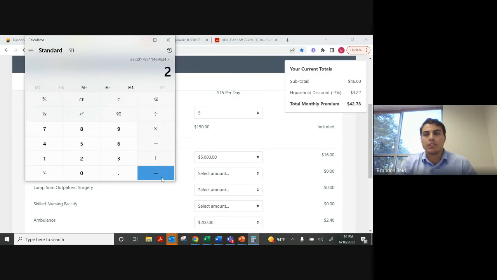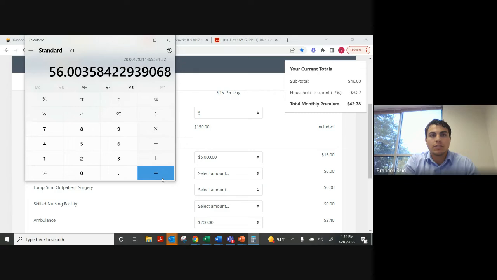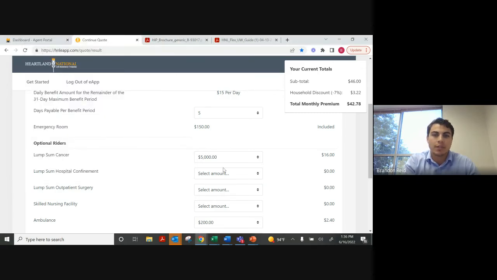Now, not to mention, we do have that recurrence provision built in, right? So 5 years later, you've been in full remission of cancer, and you apply that again, another benefit of $5,000. It would have taken you 56 years to pay more into that benefit and premium than you'd receive from those 2 benefits.